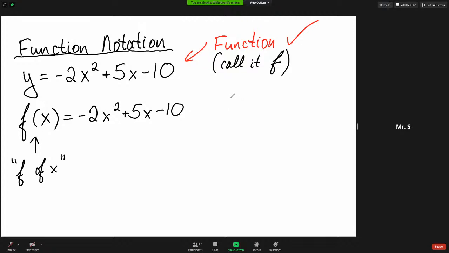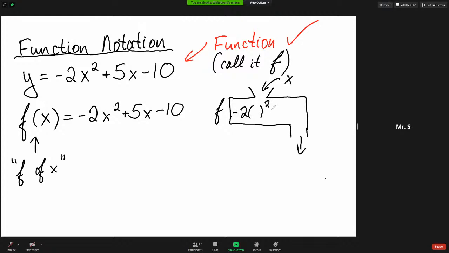So again, it's a machine that takes in inputs, produces outputs, and in this particular case, this machine is called f, and what it does to the input is it does all these things to it, right?